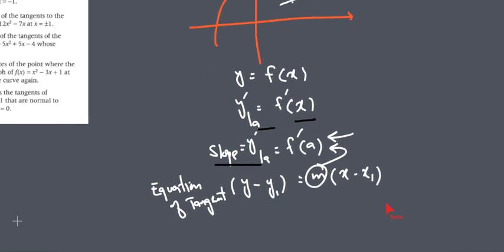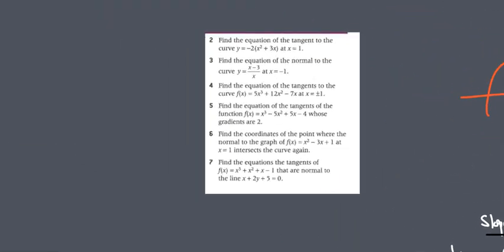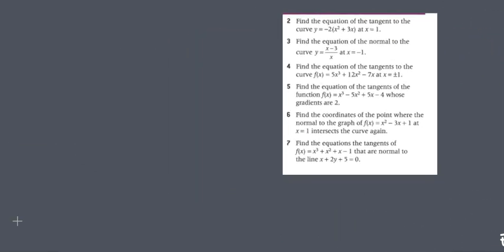What I am telling you is, we are given some point x1. We will substitute x1 directly in our function f of x1, and that will give us y1. Then we will substitute all the values here, and we will get our equation. Let me give you an example. We are given this question: find the equation of the tangent to the curve y equals negative 2x squared plus 3x at x equals 1.